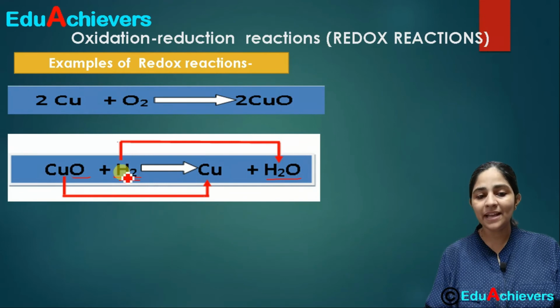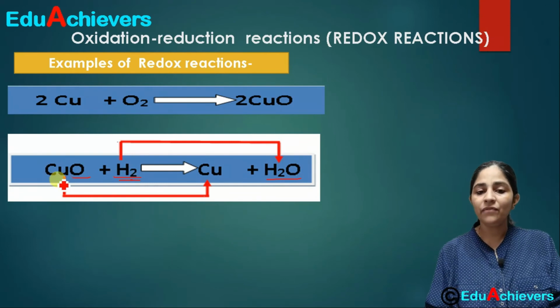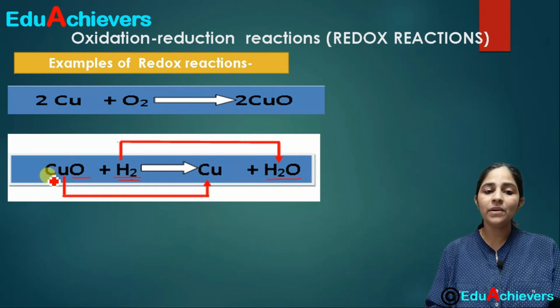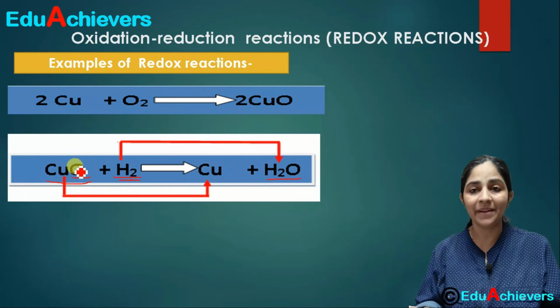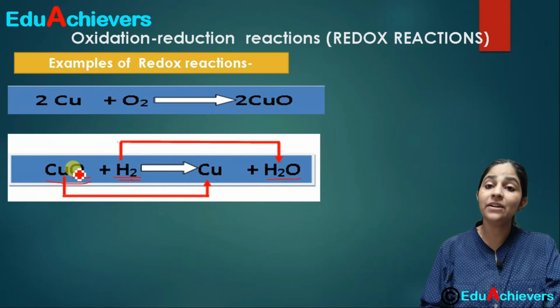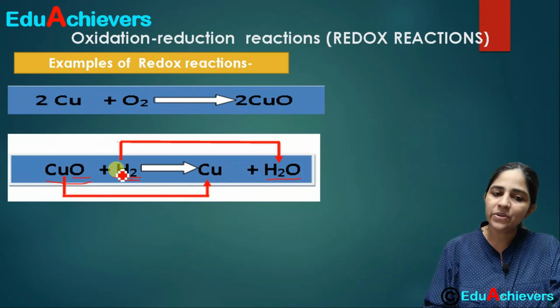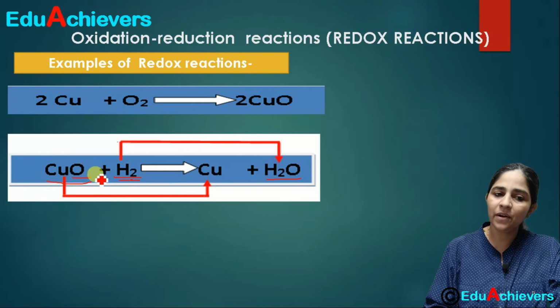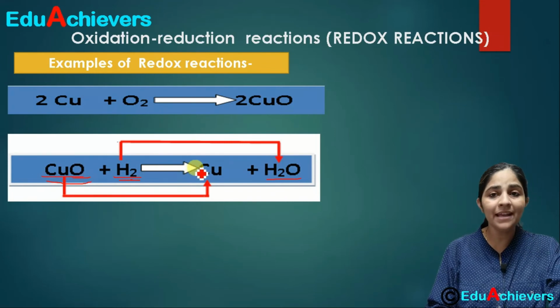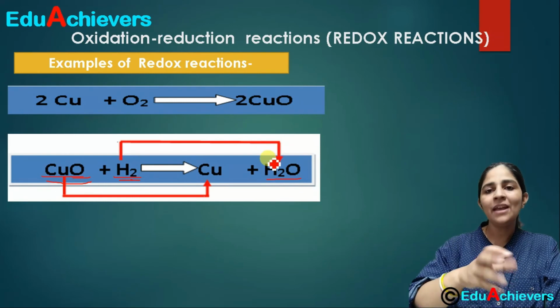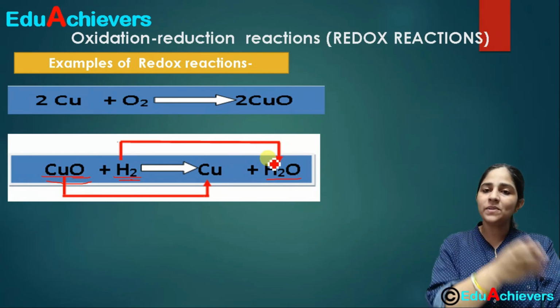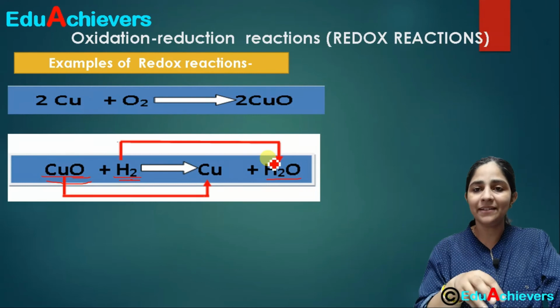So this hydrogen is getting oxidized and forming water, and this copper oxide is getting reduced because the oxygen is being removed from it. So this copper oxide is getting reduced into copper only and this hydrogen is getting oxidized into water. So this way we need to understand that oxidation and reduction is taking place together, and that's why we call them redox reactions.